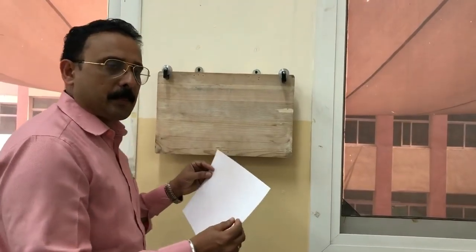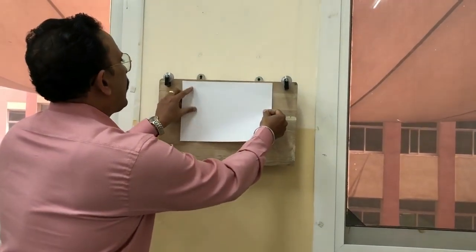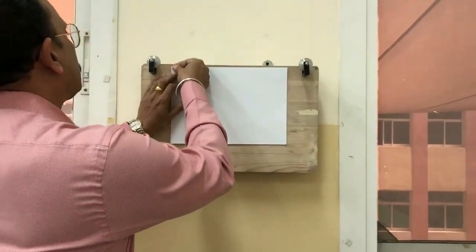Place a white sheet of paper firmly on the wooden board and fix it with drawing pins.